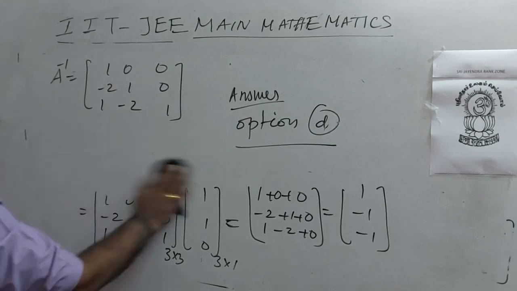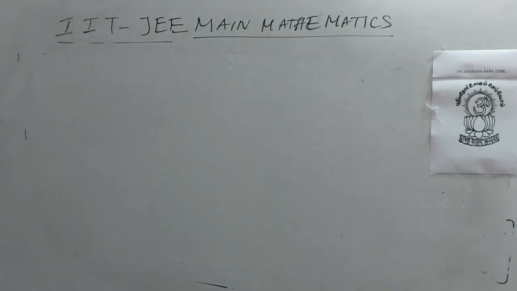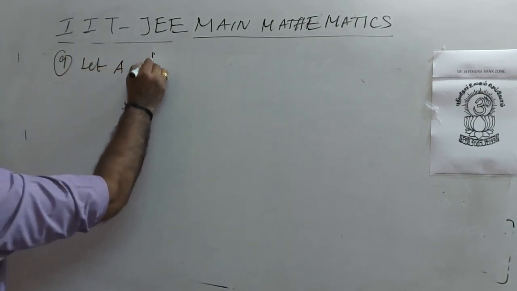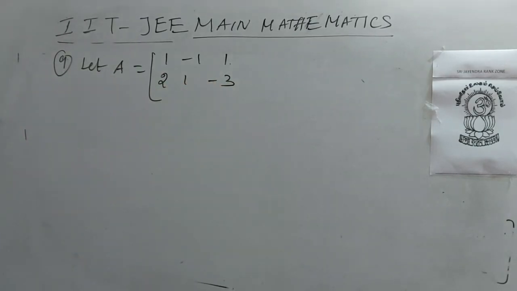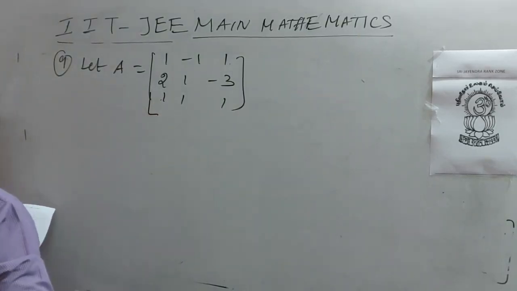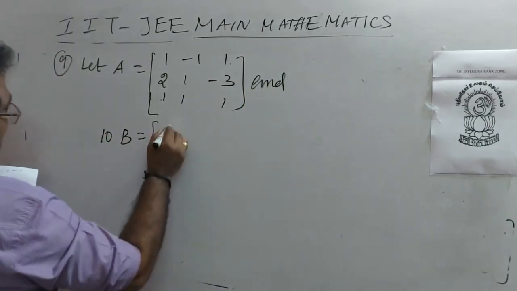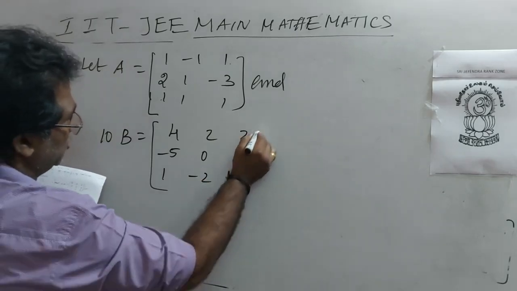Next, sum one line. Let A equal to 1 minus 1 1, 2 1 minus 3, 1 1 1, and 10B equal to 4 2 2, minus 5 0 alpha, 1 minus 2 3.